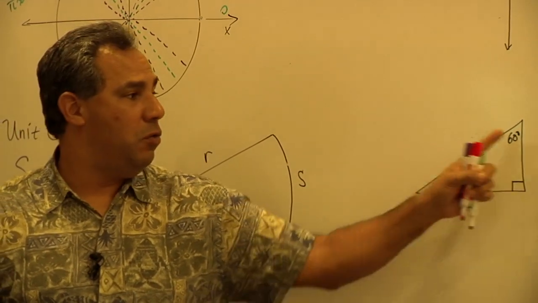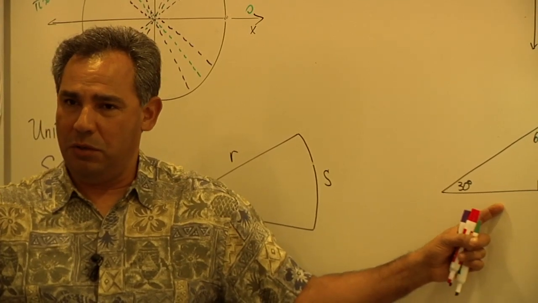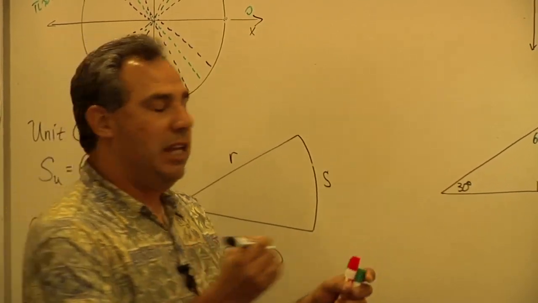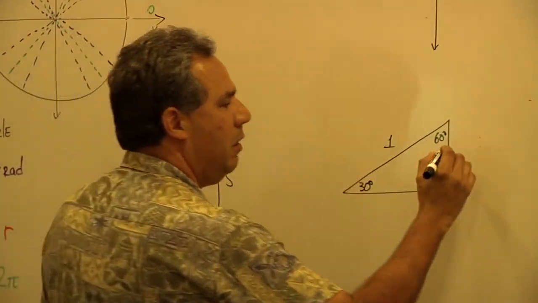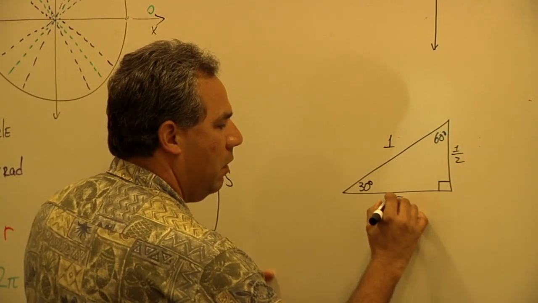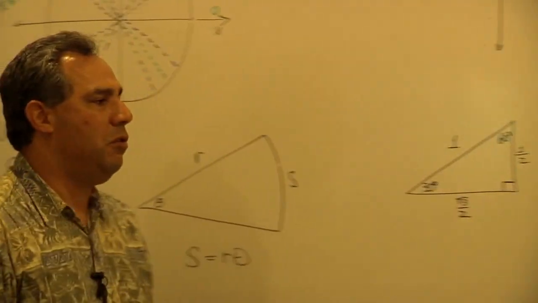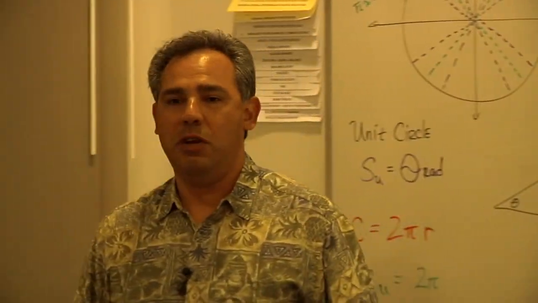But instead of doing 2, 1, and root 3, we're going to divide everything by 2 to make the hypotenuse equal to 1, so that we can put everything right into the unit circle. So if this is 1, this is 1/2, and this is root 3 over 2. It's always important to remember the shorter leg is always half the hypotenuse in a 30, 60, 90 triangle.